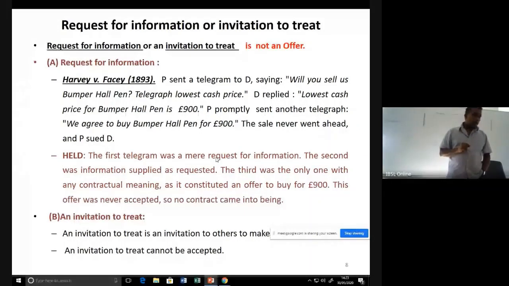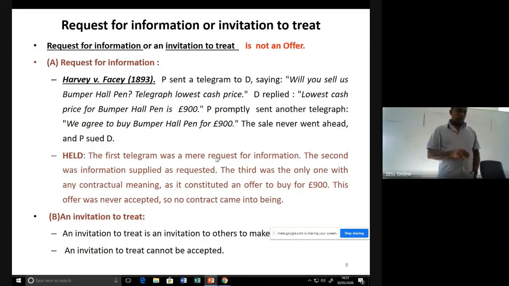An invitation to treat is an invitation to others to make offers. An invitation to treat cannot be accepted. So I make an invitation to you to make offers. So that is not an offer. So therefore it cannot be accepted.